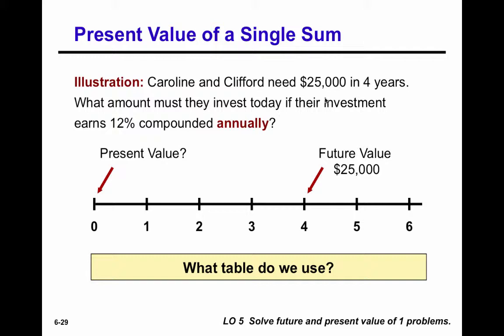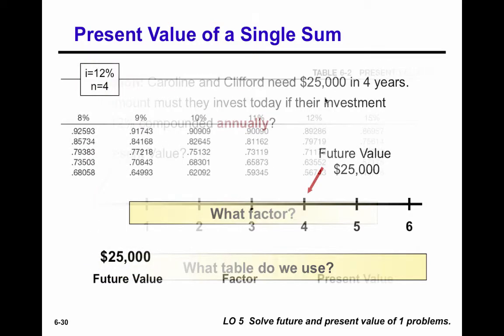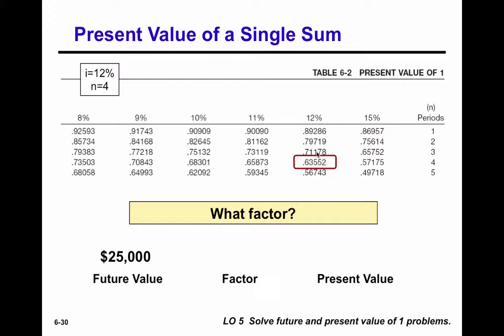Because it's annual compounding, we're going to be looking in the present value of a single sum table, the 12% column, the 4-period line, and that will give us this factor, 0.63552, which then multiplied by the 25,000 gives us a present value of 15,888. If they were to put away that amount and get 12% compounded annually for 4 years, at the end of 4 years they would have $25,000.